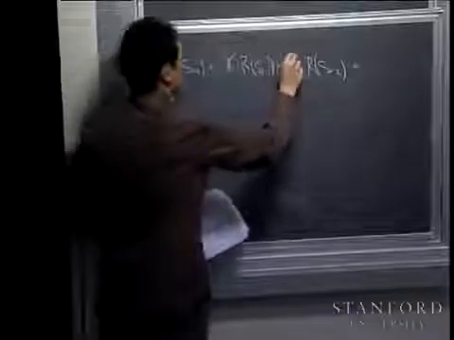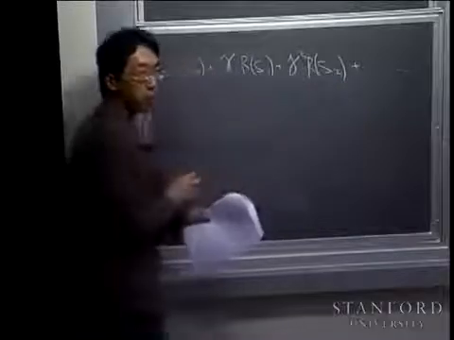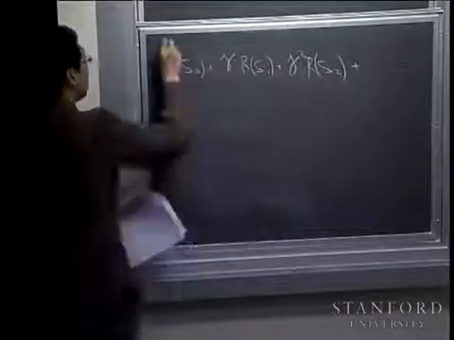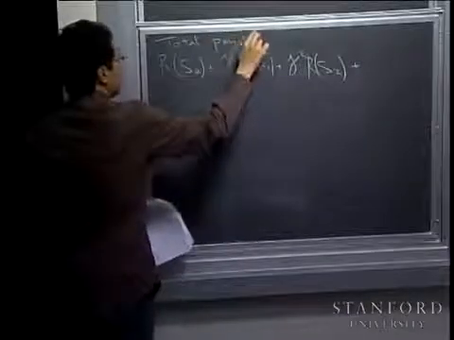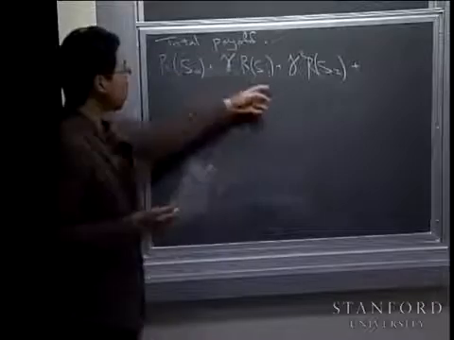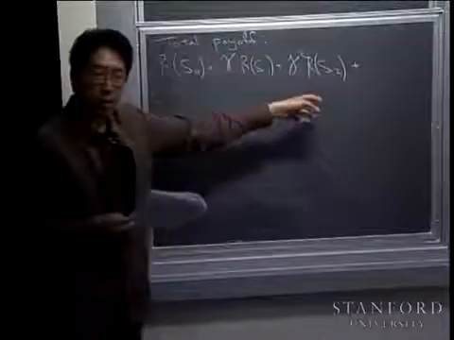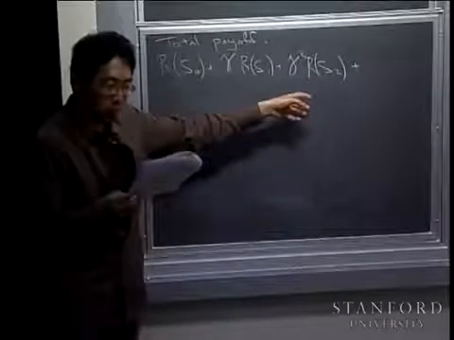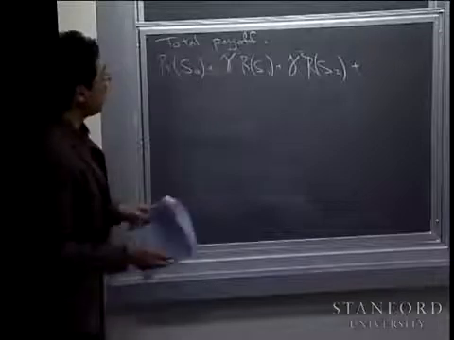I'm going to multiply this by gamma squared, and the next term will be multiplied by gamma cubed, and so on. And I'm going to call this the total payoff for the sequence of states S0, S1, S2, and so on that your robot visited. Let me now say what gamma is.